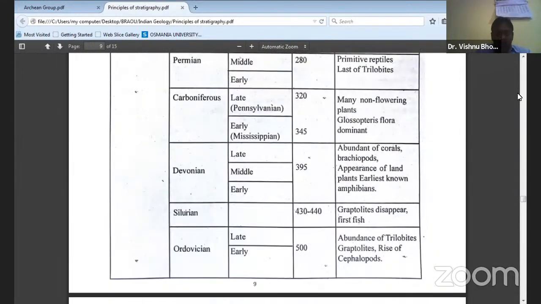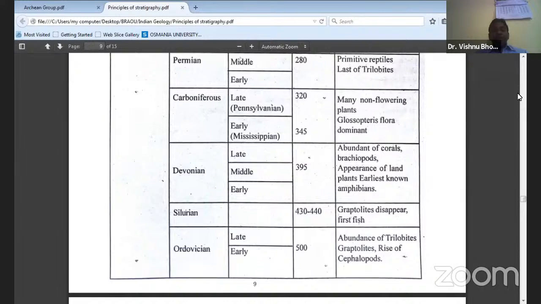The first one is the Ordovician. The Ordovician is again divided into early and late. The age is around 500 million years, and it consists of an abundance of trilobites, graptolites, and the rise of cephalopods. Now slowly the cephalopods were generated at this stage.